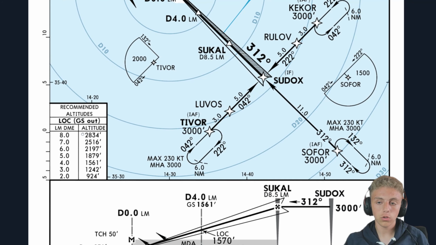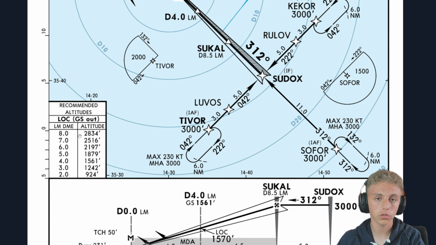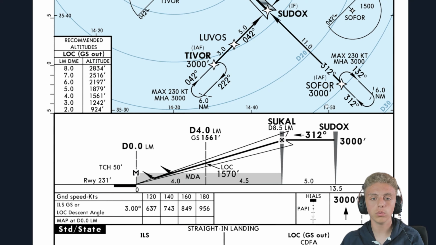Over here, you have the recommended altitudes. If the glide slope goes out, you will cross-reference your descent with these. So at 8 nautical miles, you should be at 2,834, at 7, 2,516, at 6 nautical miles, 2,197, etc. Over here you have a 2D view from the side of the glide slope.